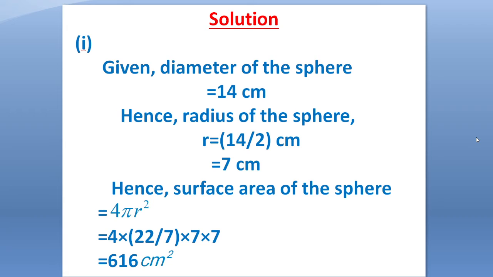R is 7, so r square is equal to 7 into 7. So it is equal to 616 centimeters square, the surface area of diameter 14.